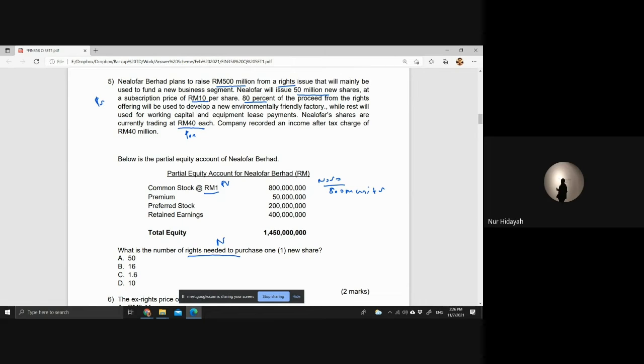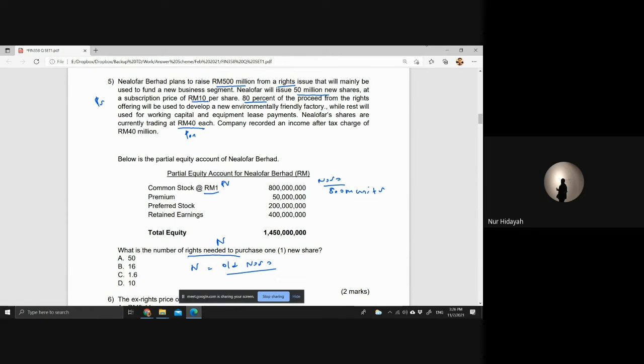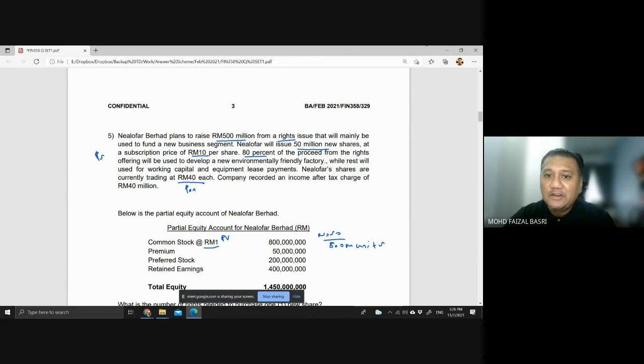Yang NOSO ni, NOSO bahagi dengan additional stock number, ya, additional stocks yang baru lah. Okay. So NOSO kita dah define tadi 800 million. And additional stock dalam soalan lah, dia dah bagi tahu. Kalau dia tak bagi tahu, dia kena guna ni, kena bahagi dengan subscription price.